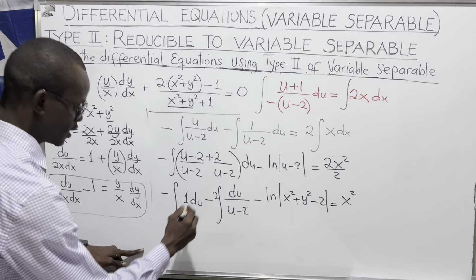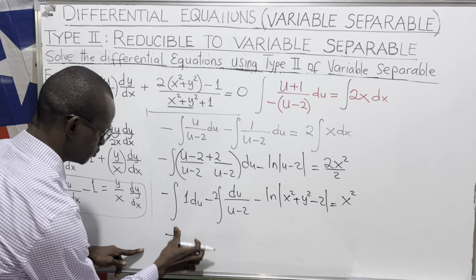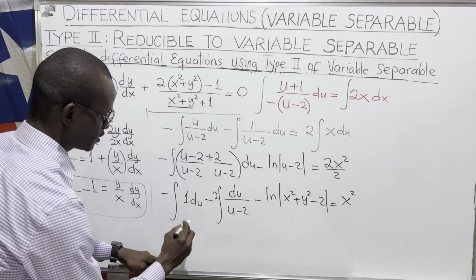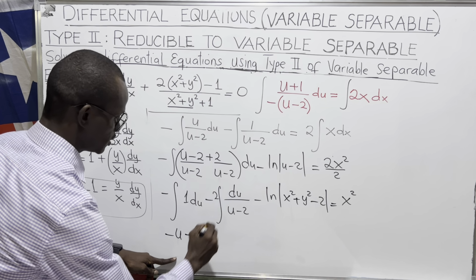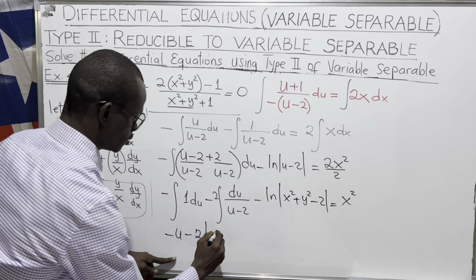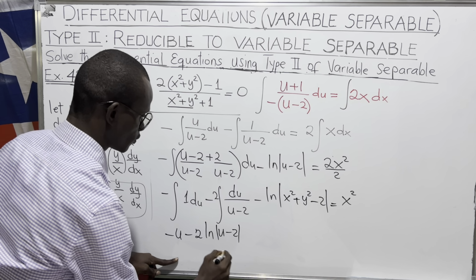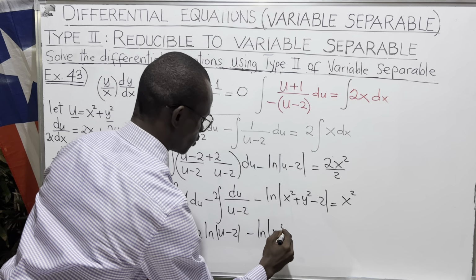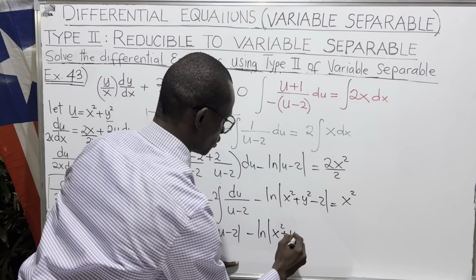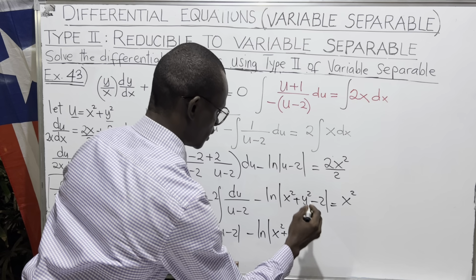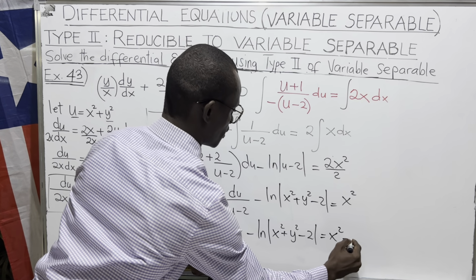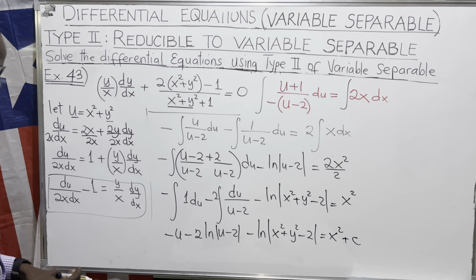So the integral of 1 du is just u, minus 2. This is just the ln of u minus 2, and then minus the ln of x squared plus y squared minus 2 equals x squared plus some arbitrary constant c.